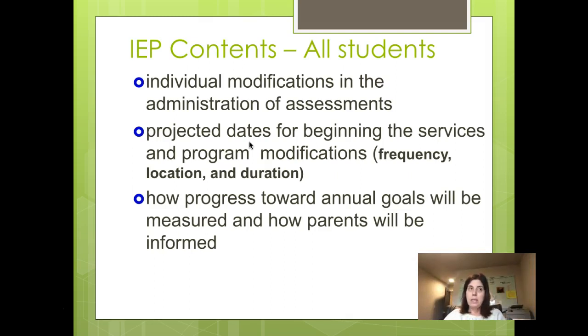So not just at the IEP meeting every year, but on a regular basis, how are you going to inform the parents? As we talked about, the IEP can be changed on a regular basis. So if the team comes up with a goal and they decide that they need to adjust it in any way, they can do that. But how are they going to let the parents and the other team members really know what the progress is so that those decisions can be made?